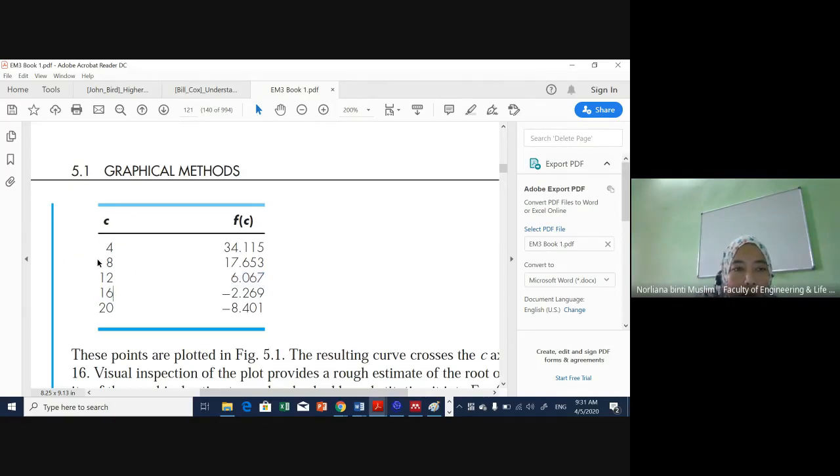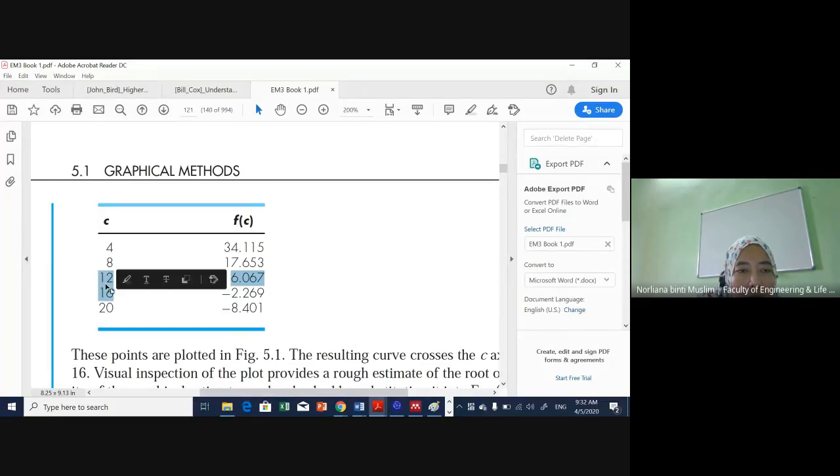Okay, cannot choose 8 and 12 because 14.7802 is not in this interval. Okay, so 14 is between here. So same goes, cannot choose 16 and 20 because between 16 and 20 does not contain 14.7802. So the interval that we can choose is only between 12 and 16.